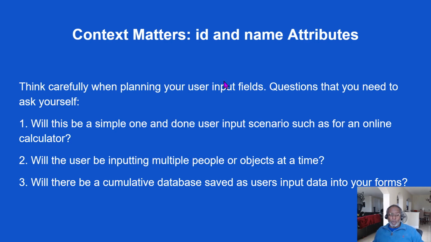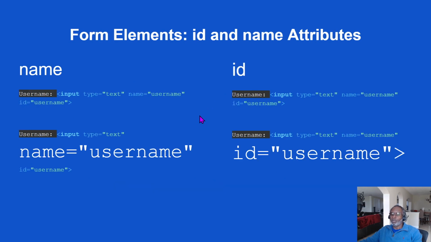Versus if we're entering in lots of people at one time, or if we're entering something in for a database. In those instances, the name and ID for each input matters a great deal. Well, the ID matters a great deal. The name still will not matter.